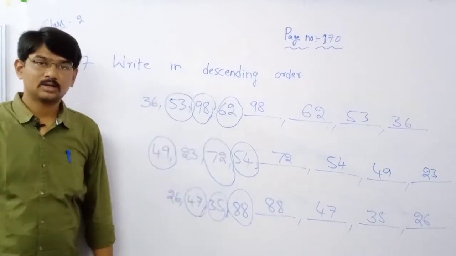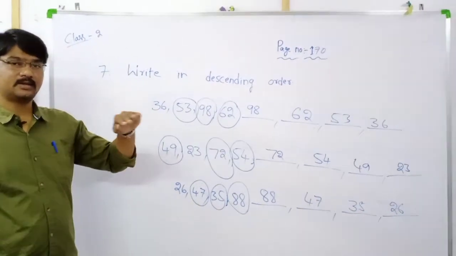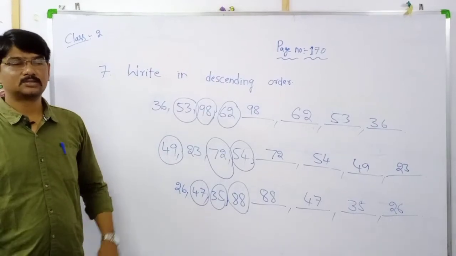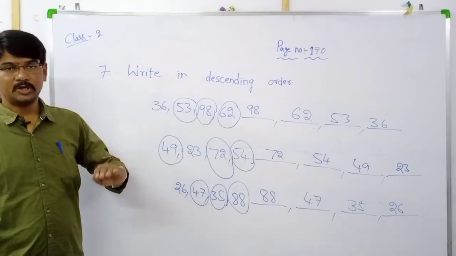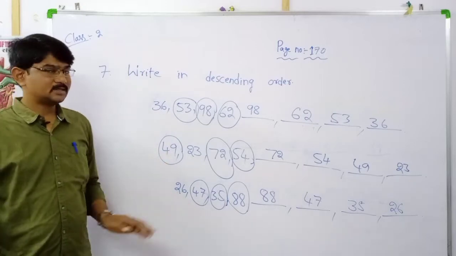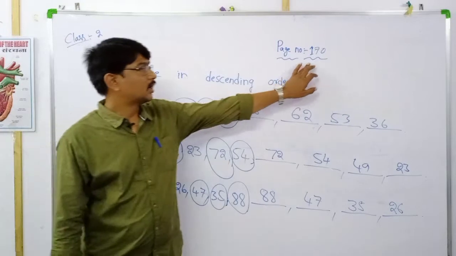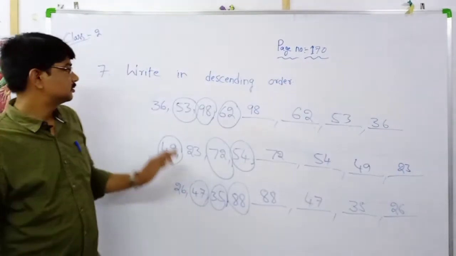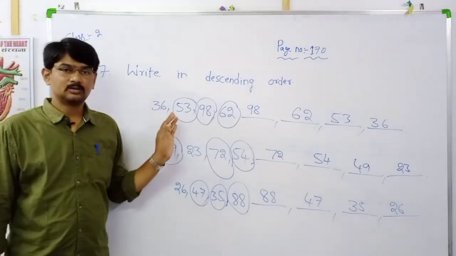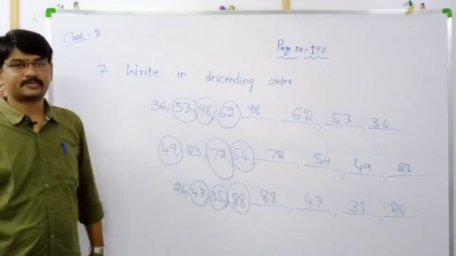Ascending order, writing the numbers small to big. Descending order, writing the numbers big to small. Okay. Page number 170, 7th question. In your textbook, there are two problems for you.